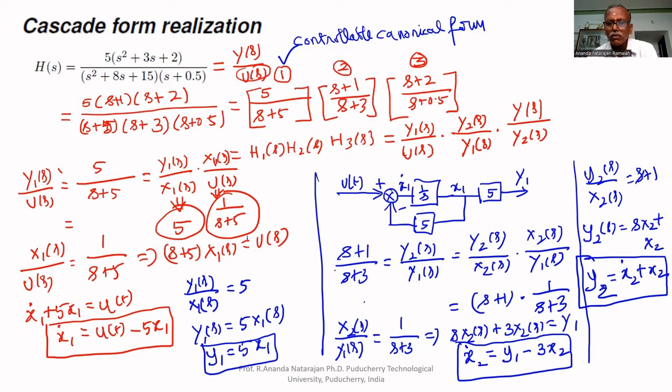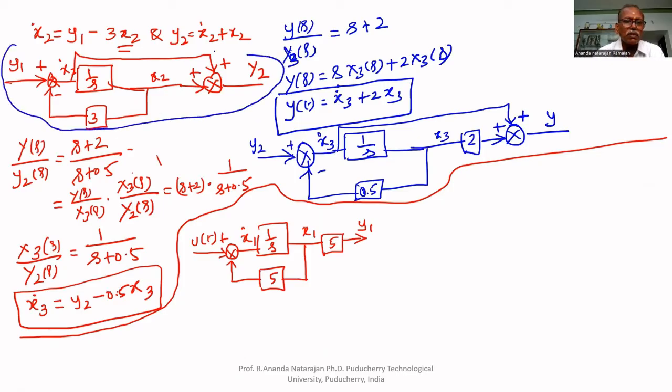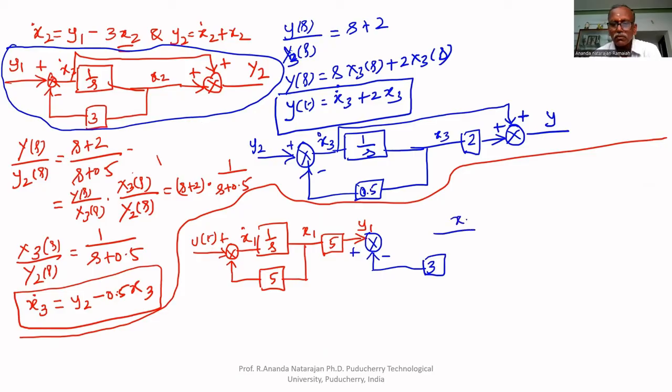Then y1 equal to 5 times x1. Now combine the second. y1 is the input, y2 is the output. So you can directly connect this y1 here, and you have to subtract 3 times x2.